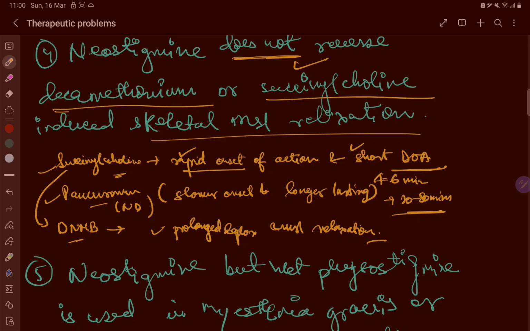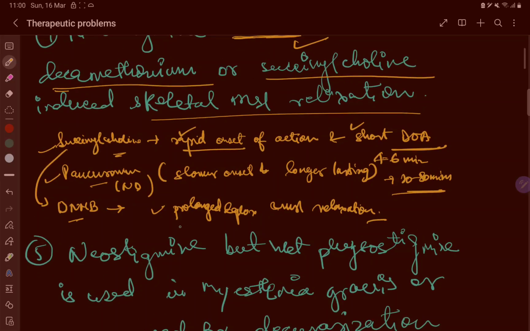The second point: succinylcholine is often used in endotracheal intubation and other procedures like electroconvulsive therapy. So here the action is very rapid.